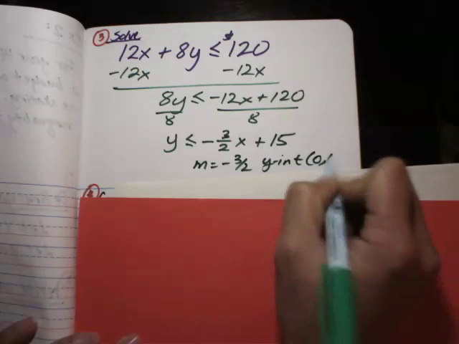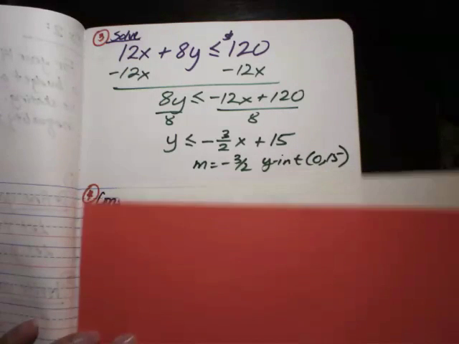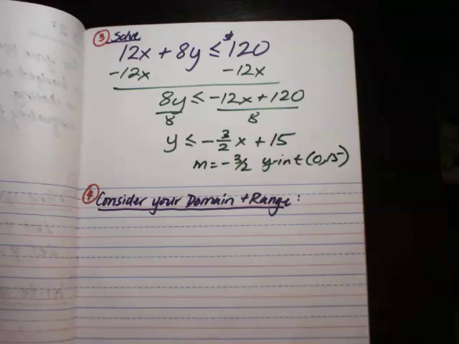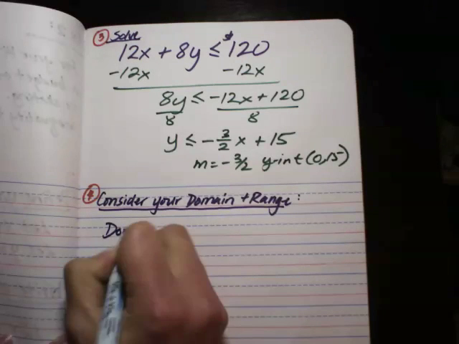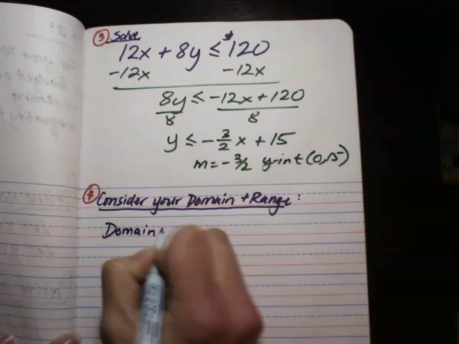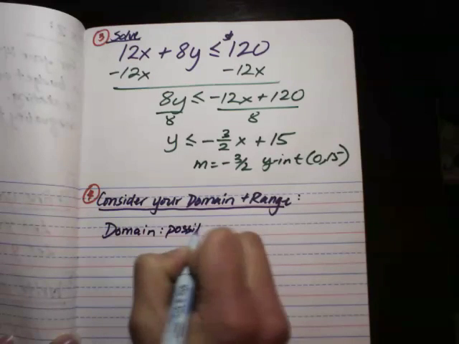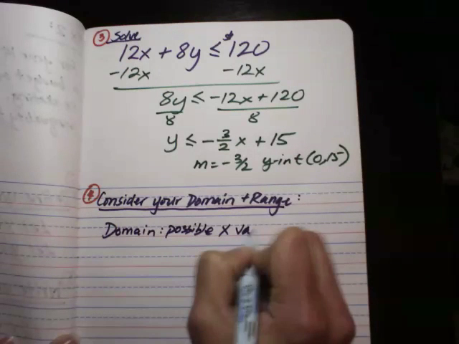The next step, and this is kind of like a mini step, I always put consider your domain and your range. Quickly, in case you've forgotten, your domain are your possible x values.